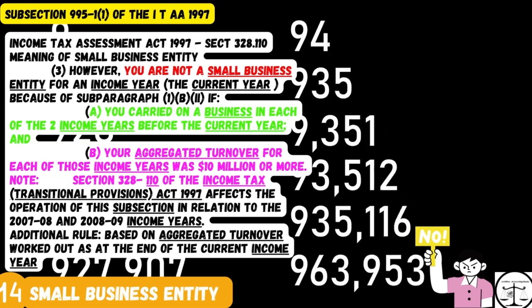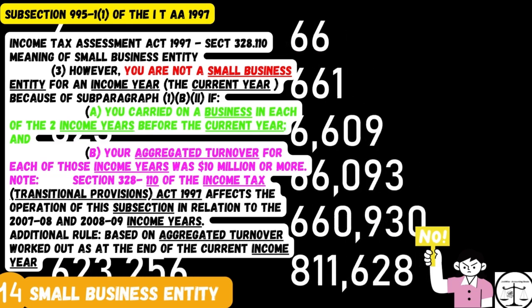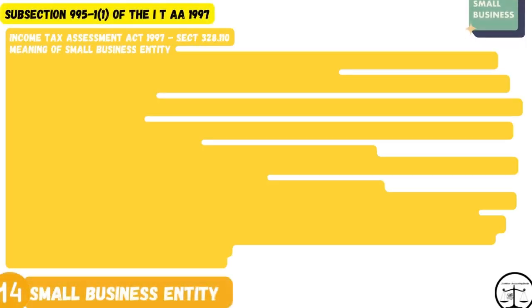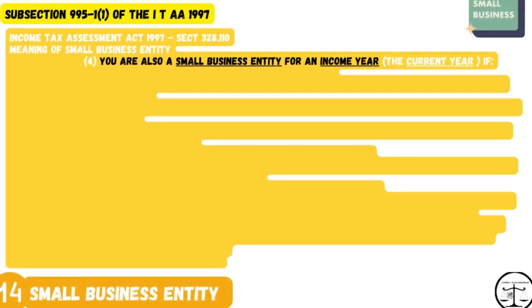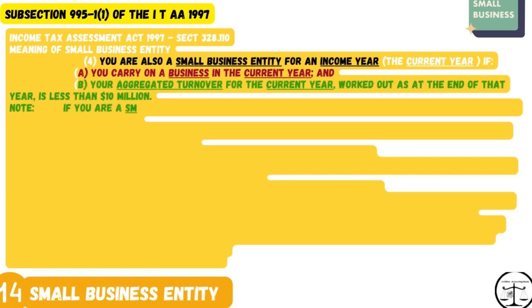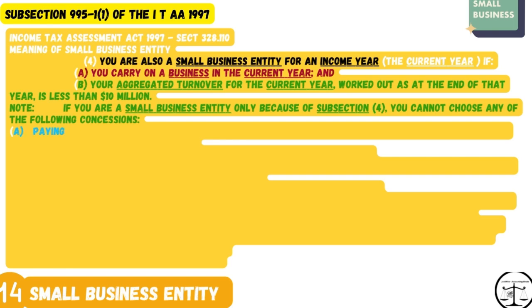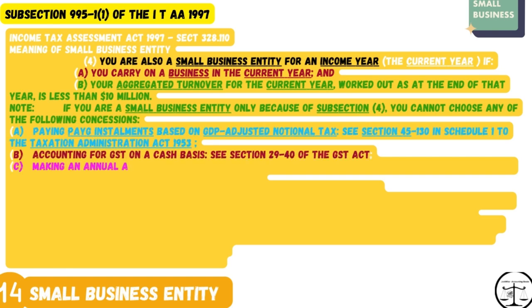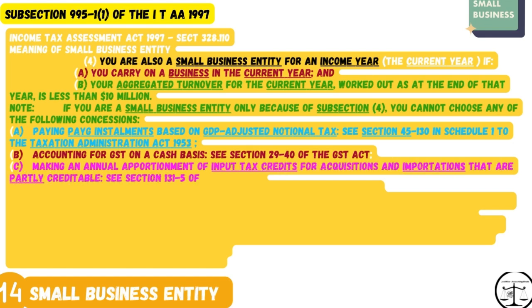Additional rule, based on aggregated turnover worked out as at the end of the current income year. 4. You are also a small business entity for an income year, the current year, if A. You carry on a business in the current year, and B. Your aggregated turnover for the current year, worked out as at the end of that year, is less than $10 million.